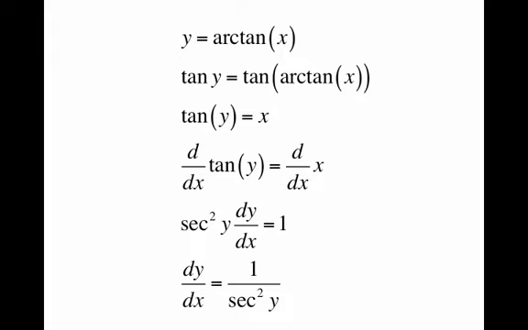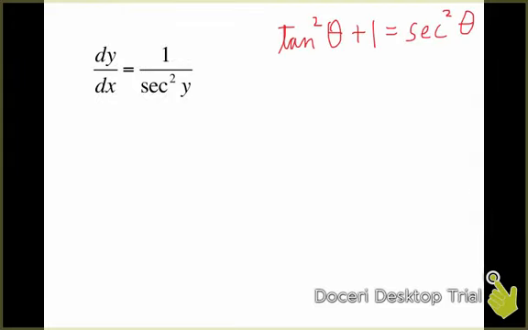So after you divide by secant squared y, now, similar to the last video, we're going to use a Pythagorean theorem for trigonometric functions. This is what we have right now. The Pythagorean theorem that we're going to use is tan squared theta plus 1 equals secant squared theta.